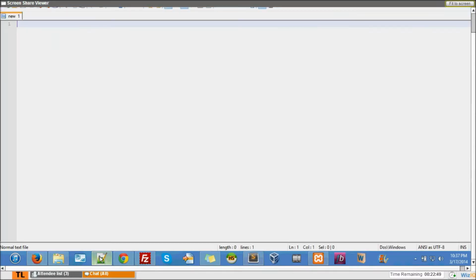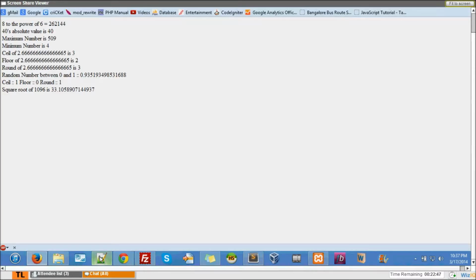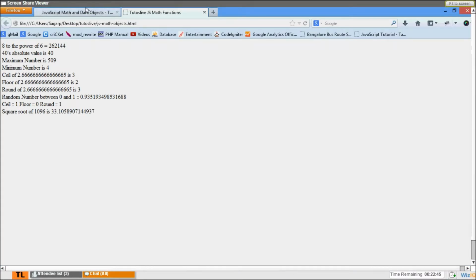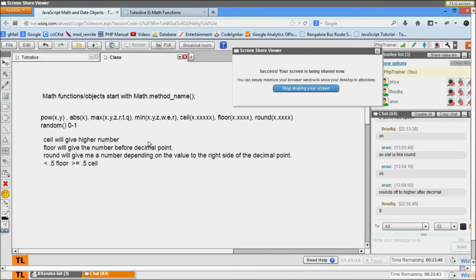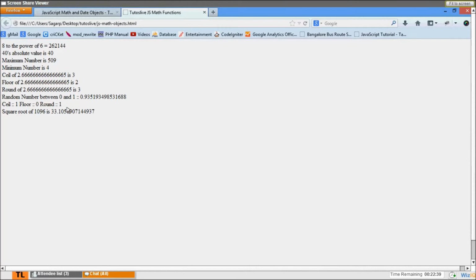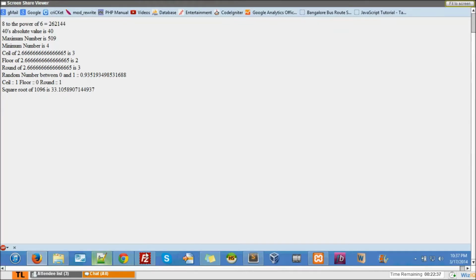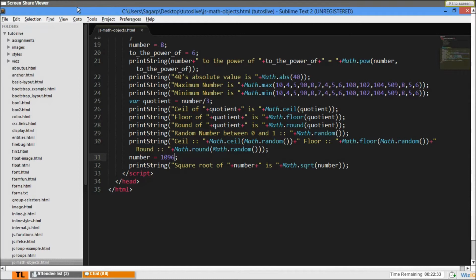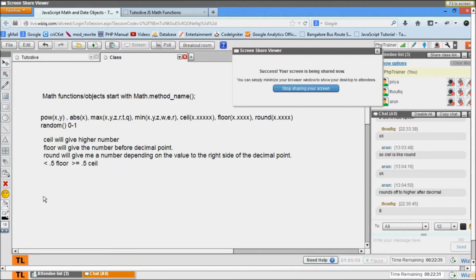Now, there is one more function which is called toFixed. It is not a mathematical function. It's just a JavaScript predefined function, a miscellaneous function. So toFixed takes the number of digits in the floating number.